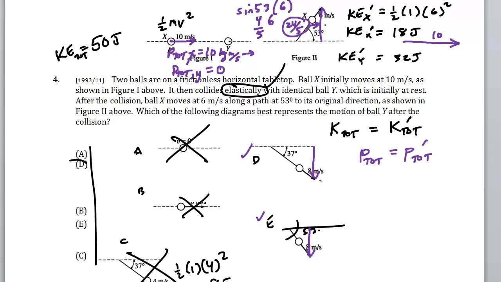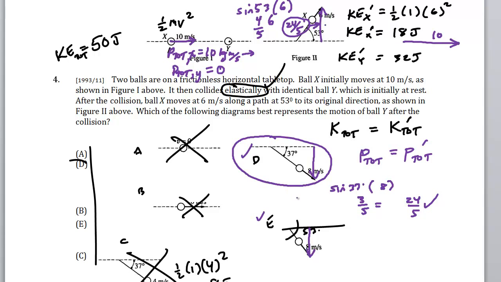So start with D. I don't know if it's right, but the y component would be sine of 37 times 8. And sine of 37 times 8 is, now you look up in the tables, that's 3/5. So that's 3/5 times 8, that's 24/5. We have a winner. Okay, so D is it.